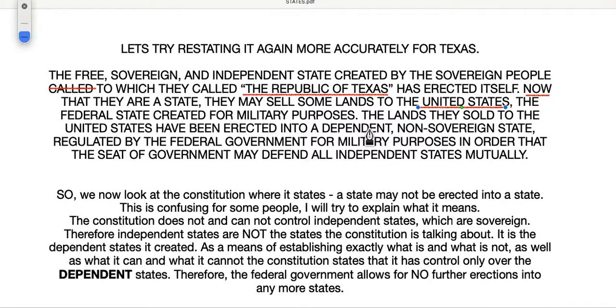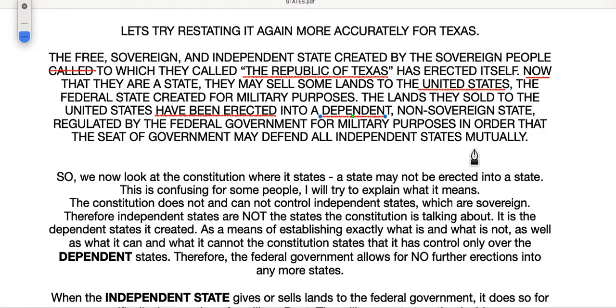The lands they sold to the United States have been erected or will be erected into a dependent, non-sovereign state regulated by the federal government or seat of government for military purposes, in order that the seat of government may defend all the independent states mutually.